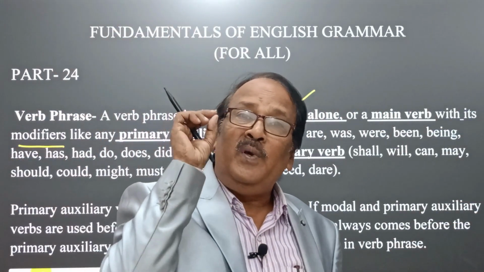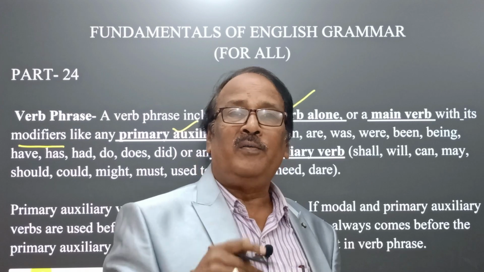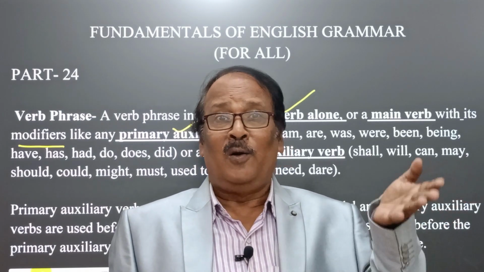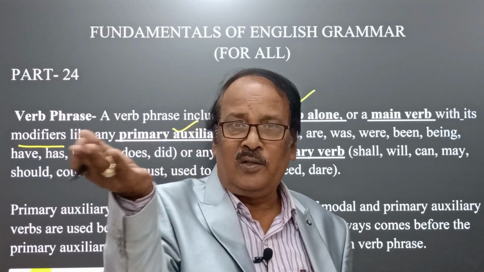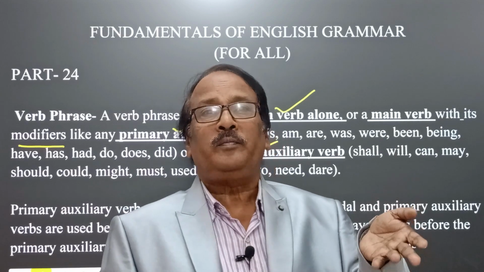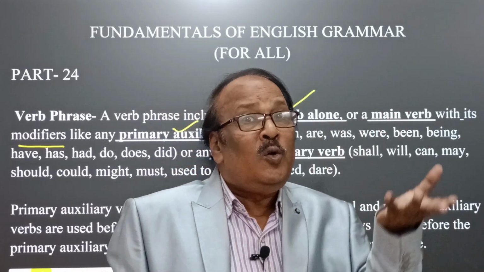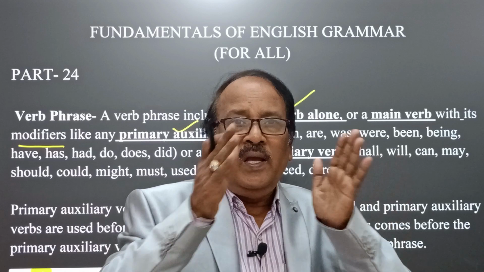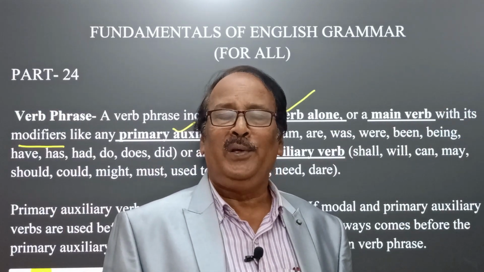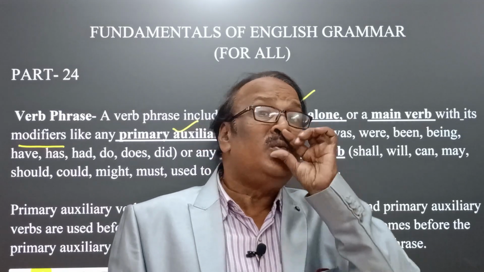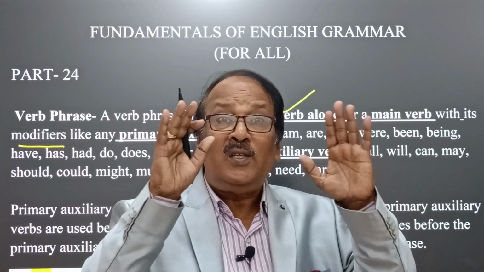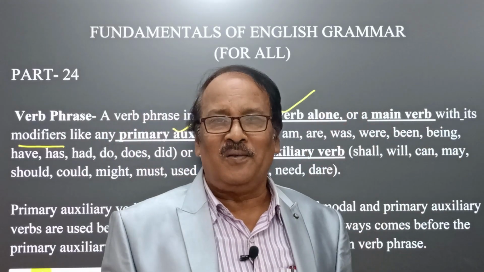It is the duty of the students to know what the primary auxiliary verbs and modal auxiliary verbs are and how they are used to modify the main verb in the formation of verb phrases, so that our sentence construction in spoken and written English can be smoother, finer, and more comfortable.